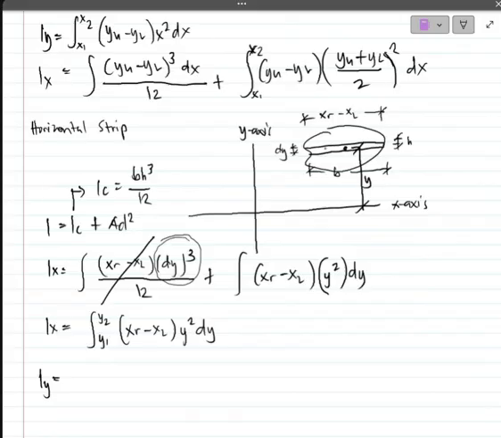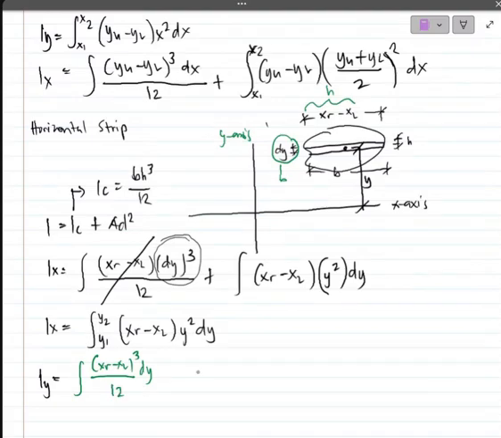So this time, our dy becomes the base, and this one becomes the height. So in IC, b h cubed over 12, the base is dy, the height is x right minus x left cubed all over 12, plus the transfer moment.